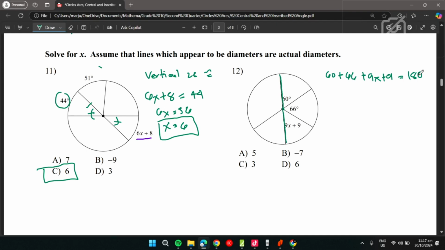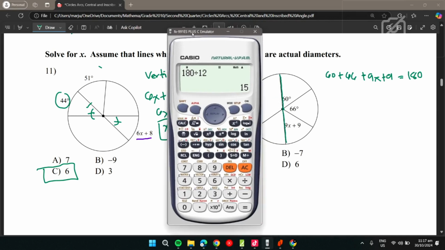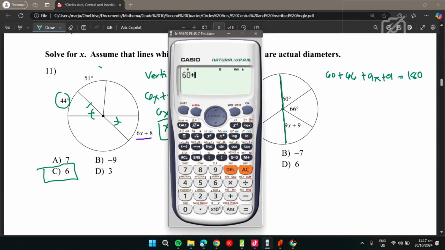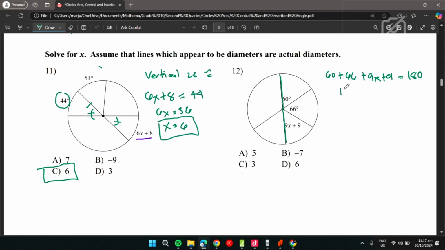Alright? That's 180 degrees. Now, add natin, what is 60 plus 66 plus 9? Alright, that is 135, right? 60 plus 66 plus 9. That's 135. So, meaning to say, this is 135 plus 9x equals 180.